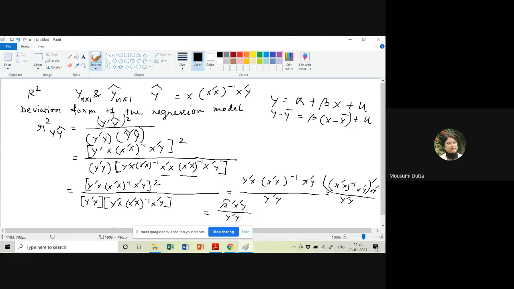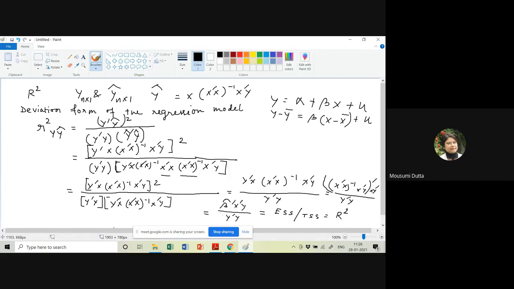Now, what is the numerator now? Beta hat prime x prime y? Yes. And what is the denominator? So what is this? If I start with the formula of simple correlation between y and y hat, we are reaching at r square.